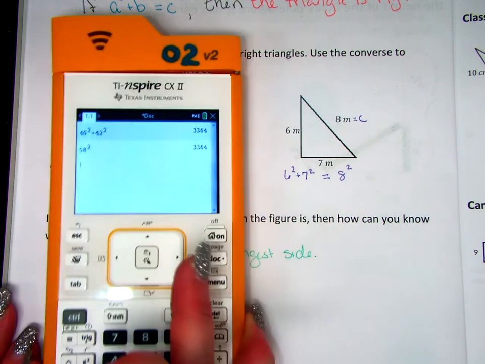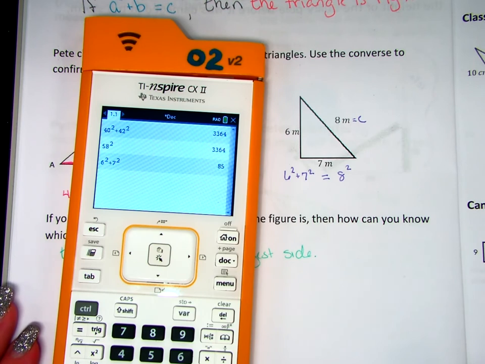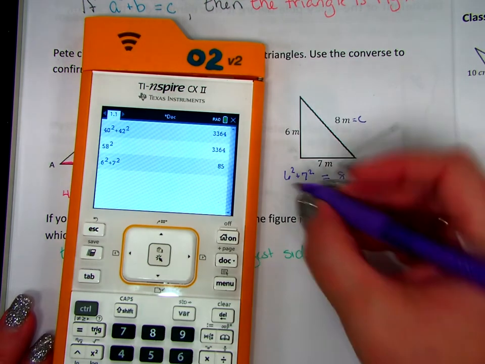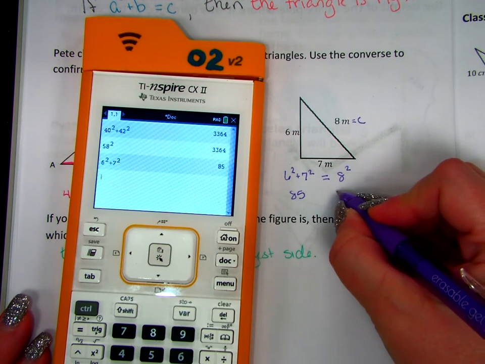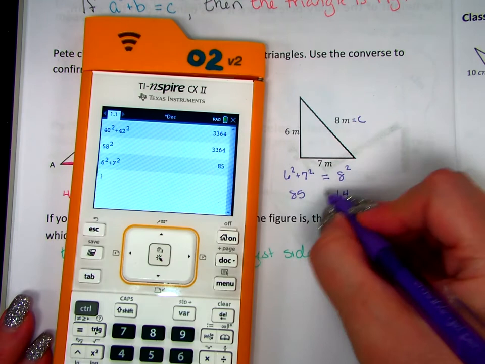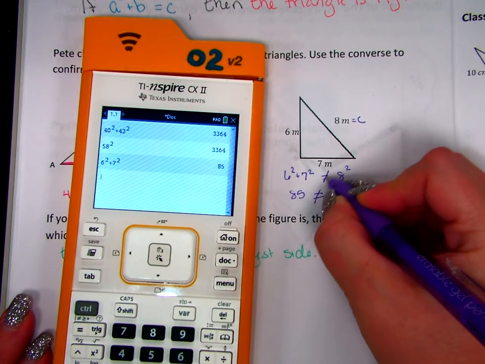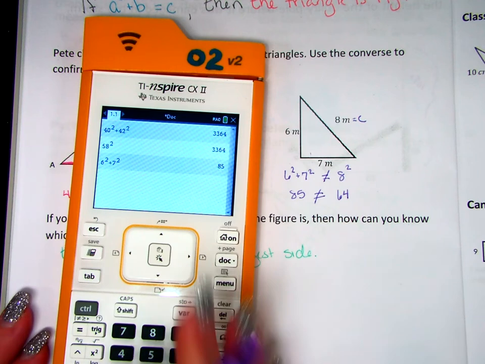So 6 squared plus 7 squared, if I put that in the calculator, gives me 85. And most of us can do 8 times 8 in our head. Are those equal? No. So that means this is not a right angle. I don't know what it is, but I know it's not a right angle.